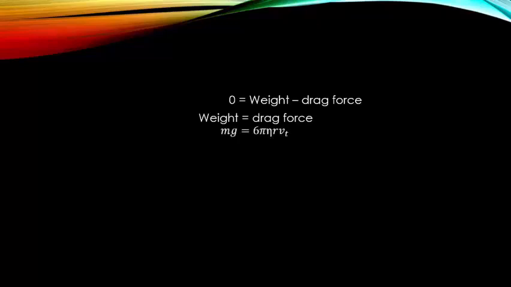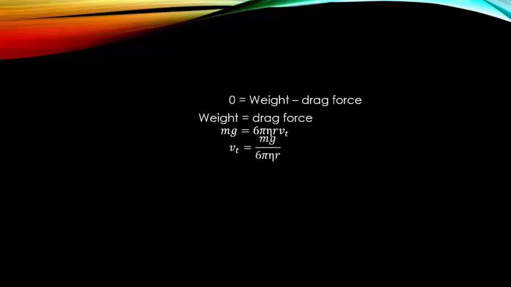Simply insert the value, weight is equal to mg, we already know it. Drag force is given by Stokes' law, which states the drag force will be equal to 6πηrv. If you don't know about Stokes' law or drag force, kindly visit the other tutorial given in the link.